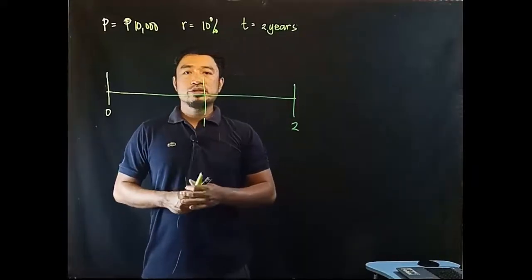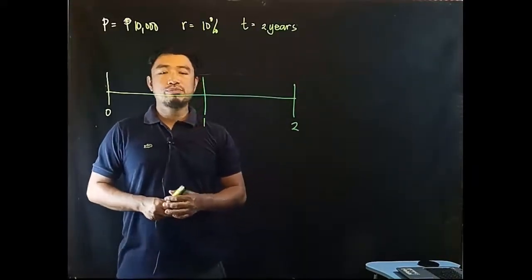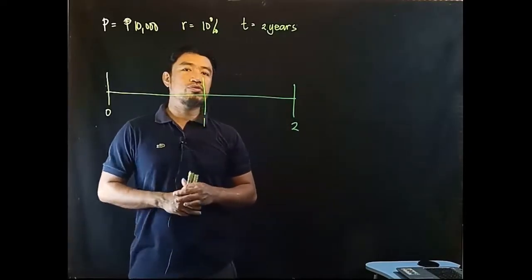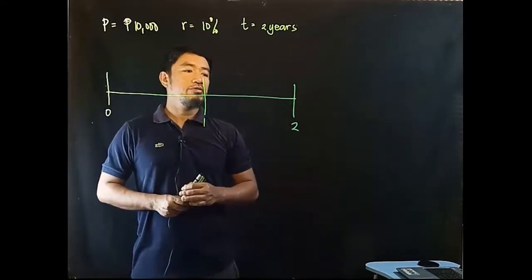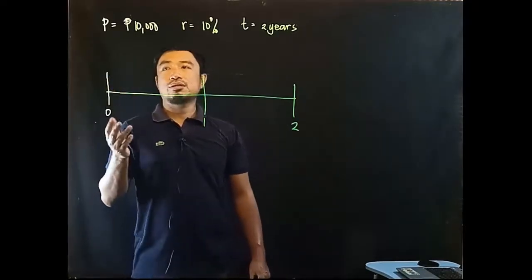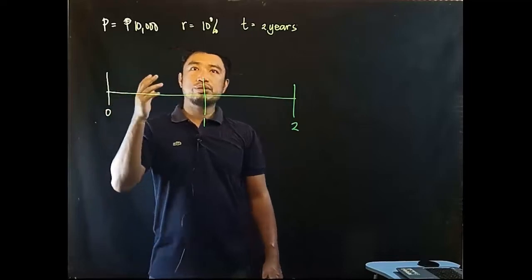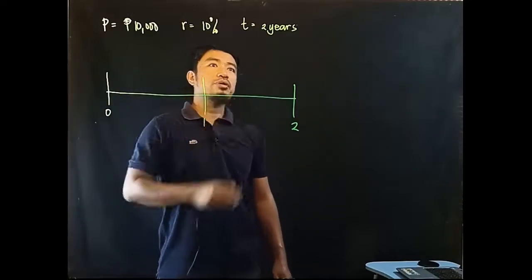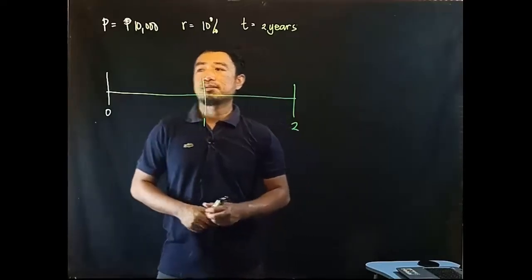In this illustration, I'm going to show you how simple interest and compound interest accumulate over some period of time. For instance, we're given the original amount of 10,000 pesos with a rate of 10% per annum and a period of 2 years.